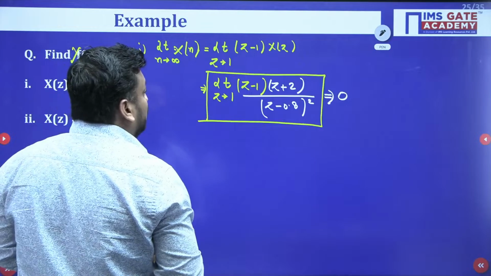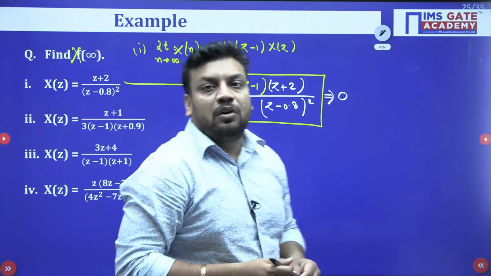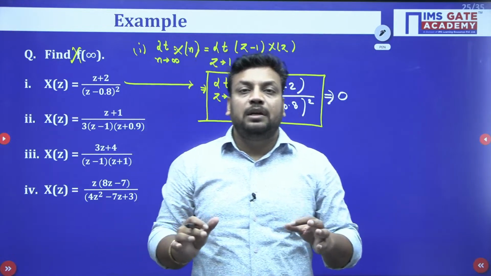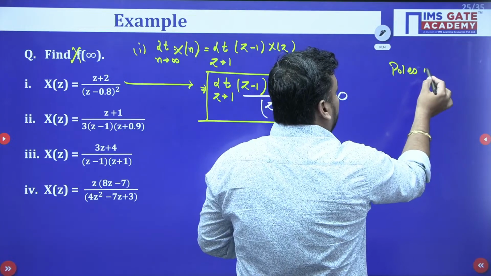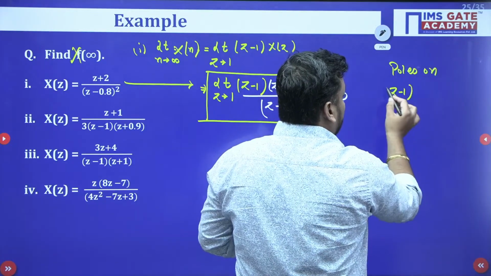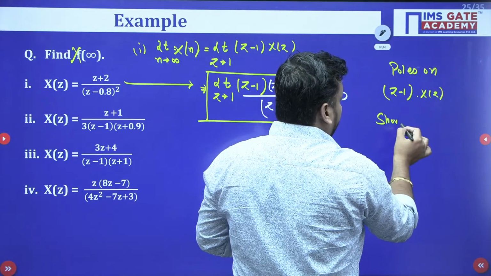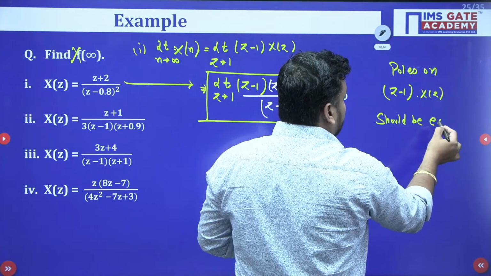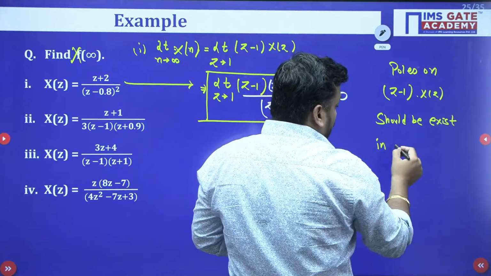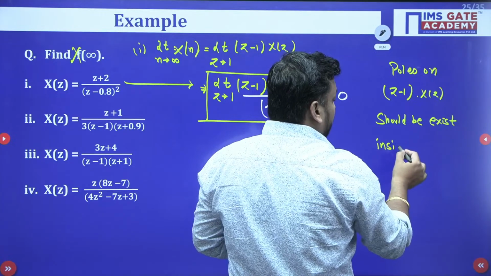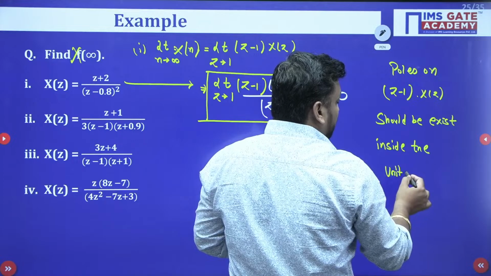Now students, one more thing. Is the first question's answer clear, sir? We have one condition also. We can only apply the final value theorem if the poles of (z minus 1) times X of z are existing inside the unity circle.